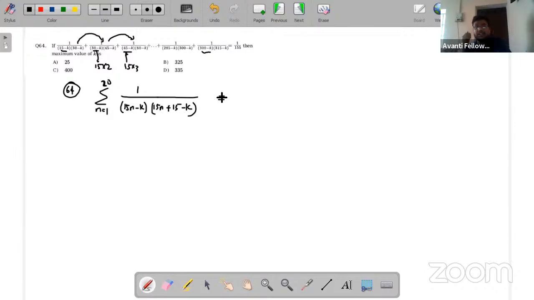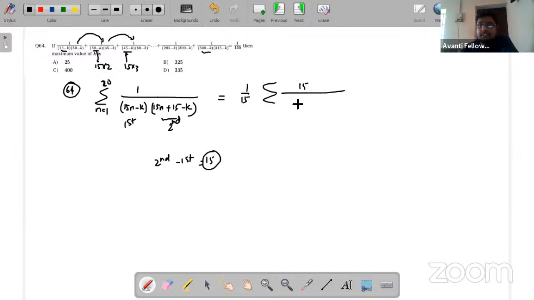Now using partial fractions, if you remember, how do we solve the product of two numbers in the denominator? We will try to write the numerator in terms of the subtraction of these two. So you can see this term, let's say, is the second term, this is the first term. So second minus first is actually 15. Okay, so what I'll do, I'll multiply the numerator and the denominator by 15.